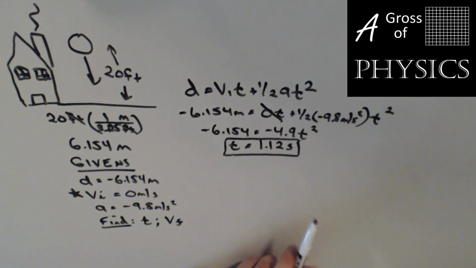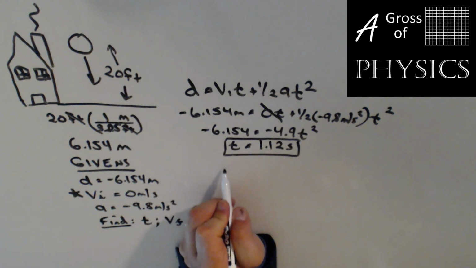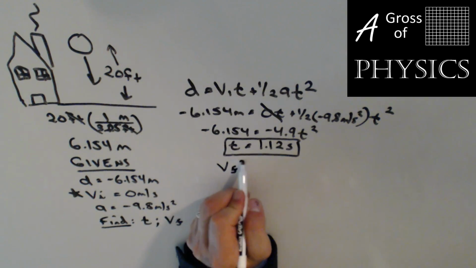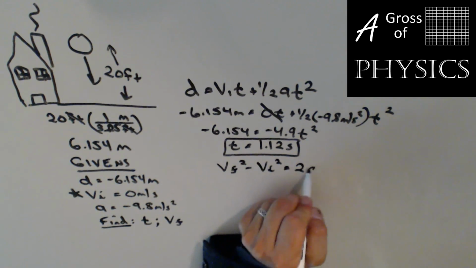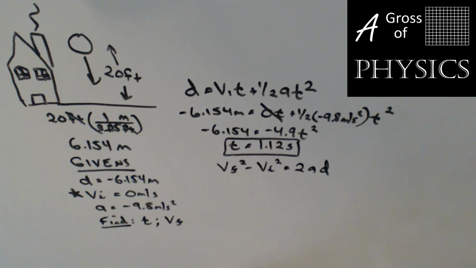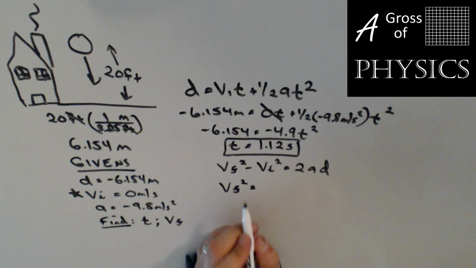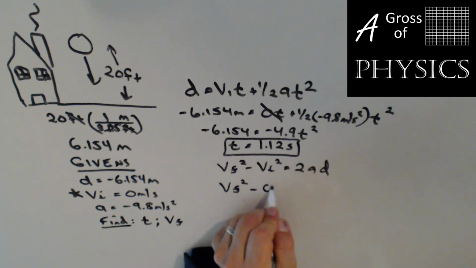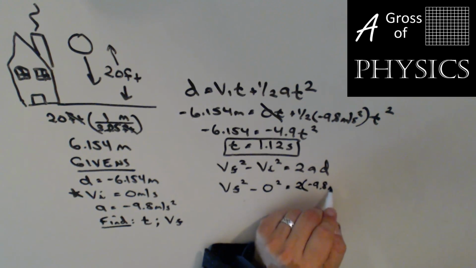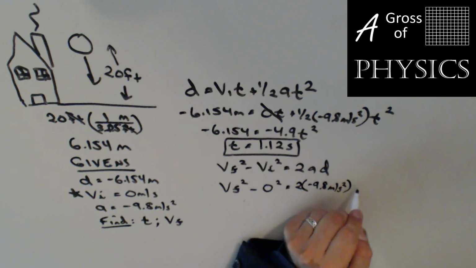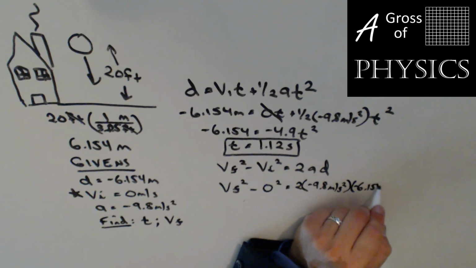If you were to use t, I would probably use equation 3, but since we're looking for VF, I'm going to use equation 5. VF equals the square root of 0 squared minus 2a and d, so 2 times negative 9.8 times negative 6.154 meters.